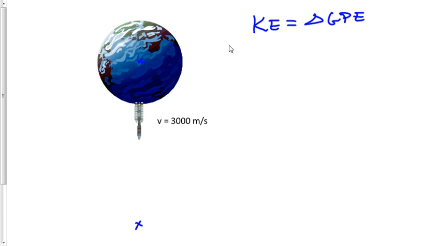So the kinetic energy is going to go into the change in potential energy, but we need to use an equation that looks like this: G, mass of the Earth, mass of the rocket, multiplied by 1 over R1 minus 1 over R2.